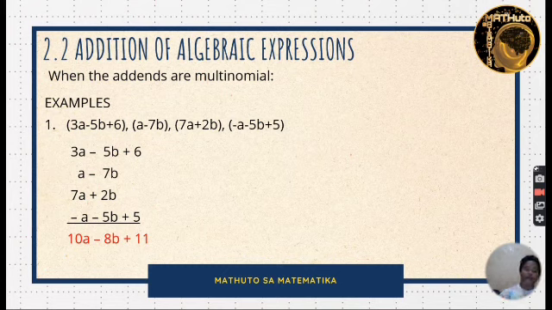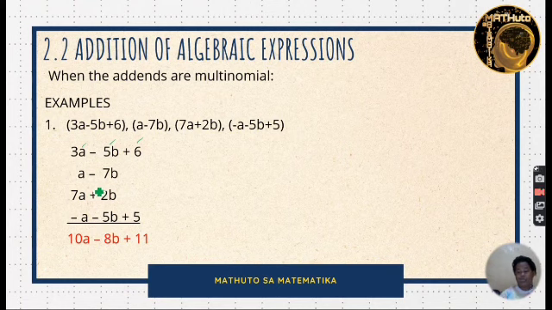When we arrange it vertically, we line up all the similar terms and copy the signs. So we copy the minus as negative in our terms. It becomes 3a, negative 5b, plus 6, then a minus 7b, 7a plus 2b, negative a minus 5b plus 5.